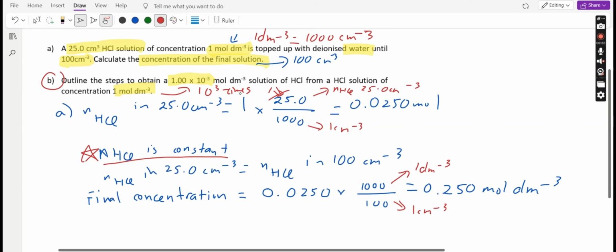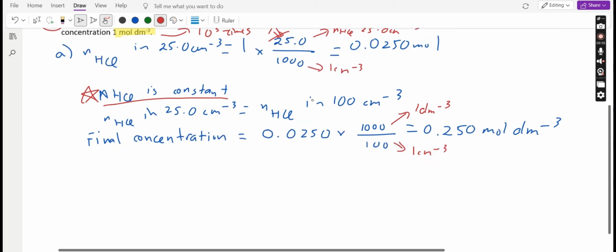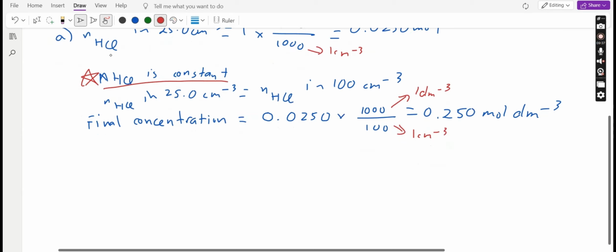So how do you go about doing it? One obvious way is to take 1 cm cube of the 1 mole per dm cube solution, and you add it to 1000 cm cube of water, right?